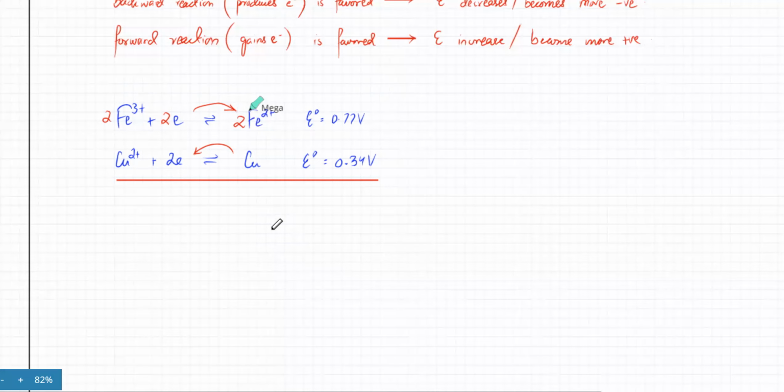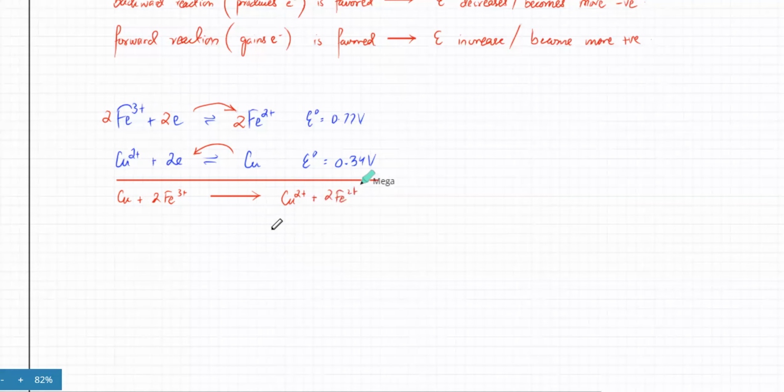So now that's what's happening. And we can write the overall reaction. It's copper reacting with 2Fe3+, and the products are copper 2+ and, in the first one, 2Fe2+.